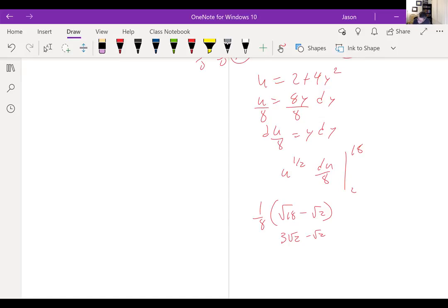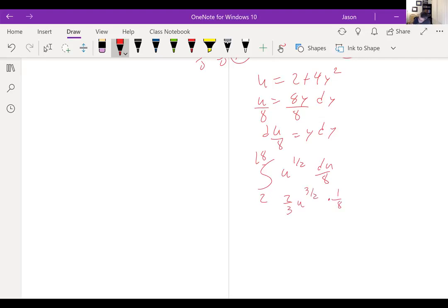I'm wrong. I did this wrong. How did I do this wrong? I didn't integrate. That's how I did this wrong. This is 2 to 18. So this is 2/3 u to the 3/2 times 1/8, evaluated from 2 to 18.